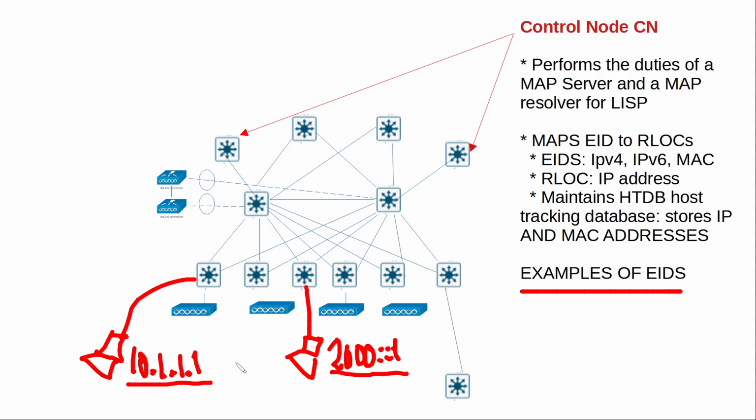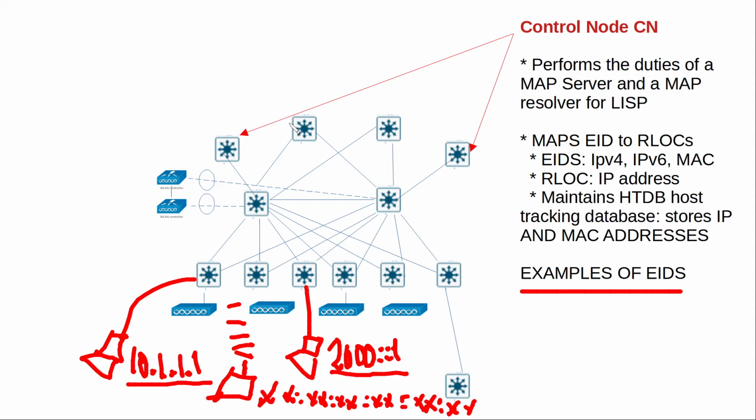So this can be IPv4 addresses, IPv6 addresses. I can have, for instance, a wireless device that has a specific MAC address. And that MAC address can also be an endpoint ID.